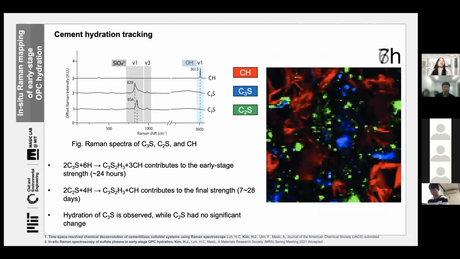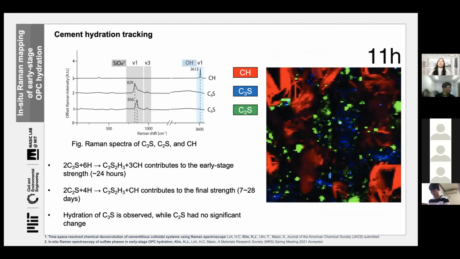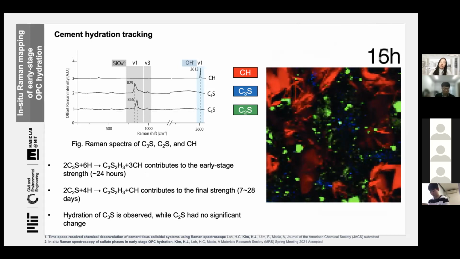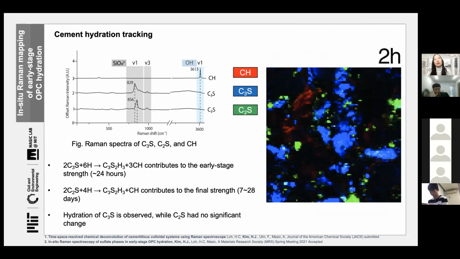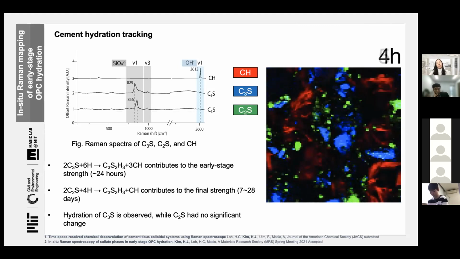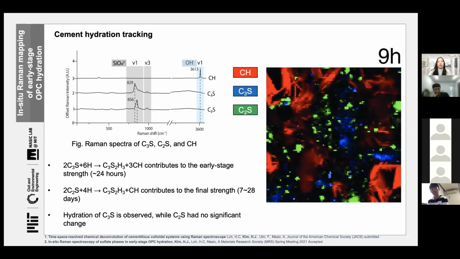Here are Raman spectra of calcium hydroxide and silicate phases. And the Raman mapping image of calcium hydroxide and each silicate phases is shown in the right figure. C3S alite and C2S belite are main calcium silicate clinkers in cement, and it accounts for about 80% of cement, and their main hydration product is C-S-H and CH.